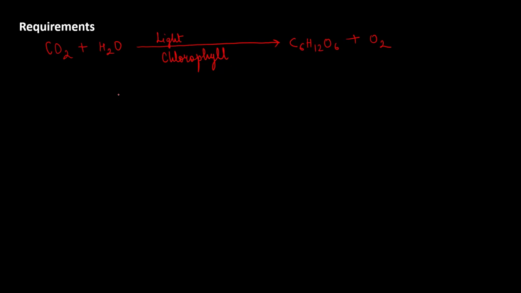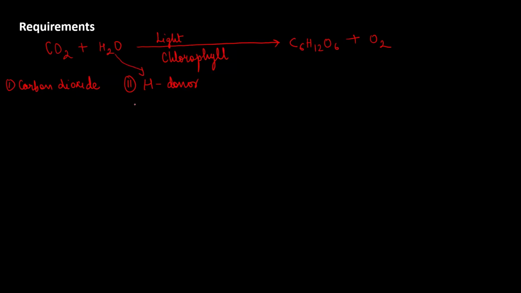Okay. So, if we see what the requirements of photosynthesis are, the requirements are carbon dioxide, hydrogen donor. Okay, hydrogen donor. And in this reaction, the hydrogen donor is written as H2O.